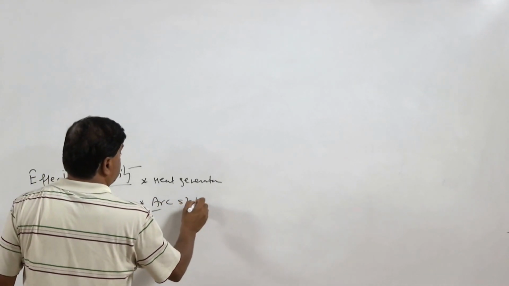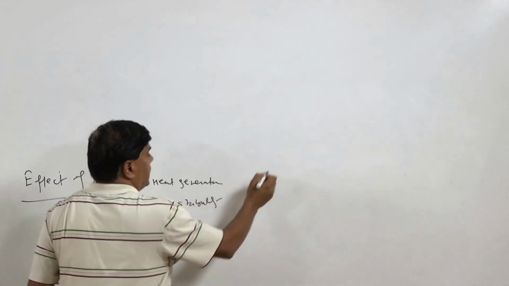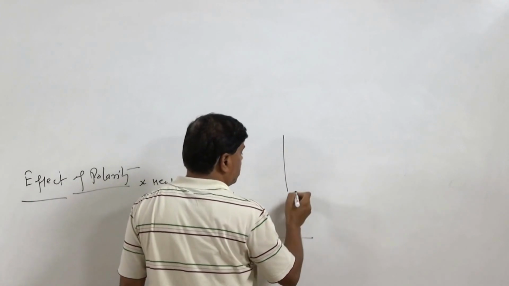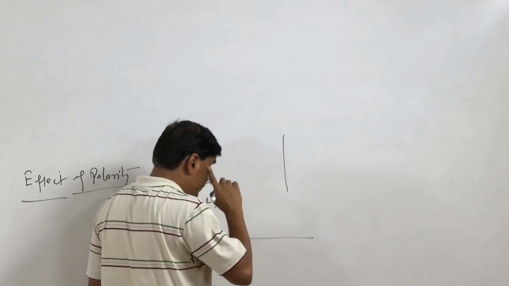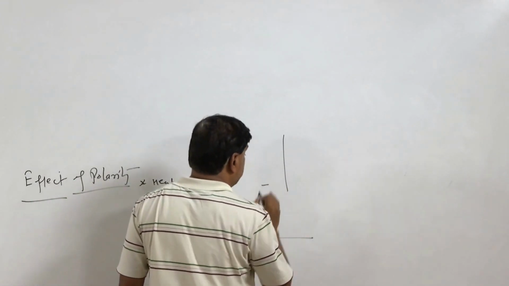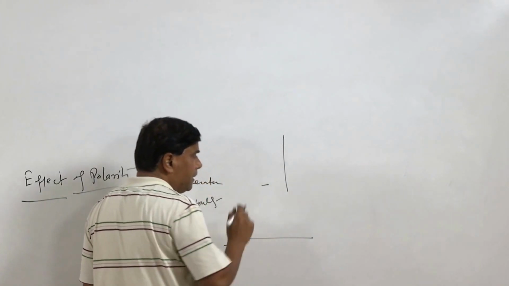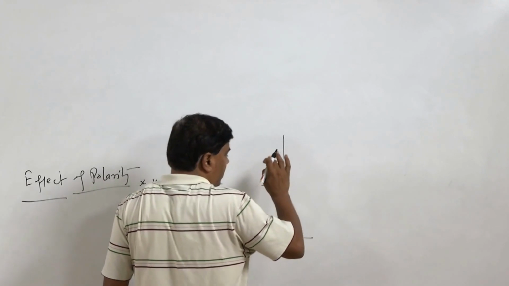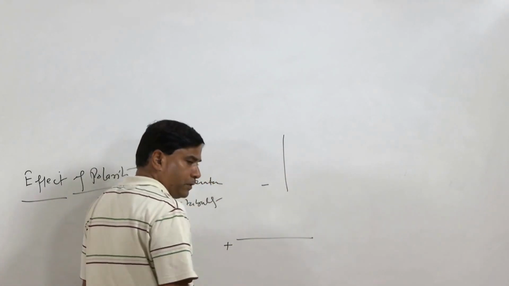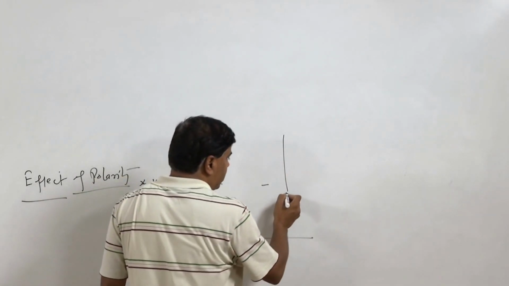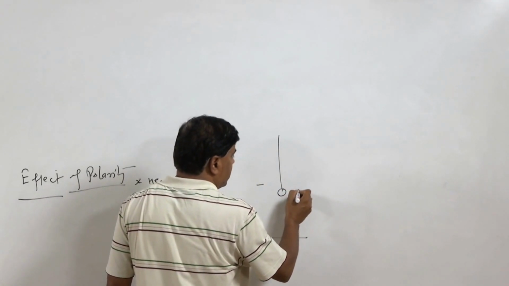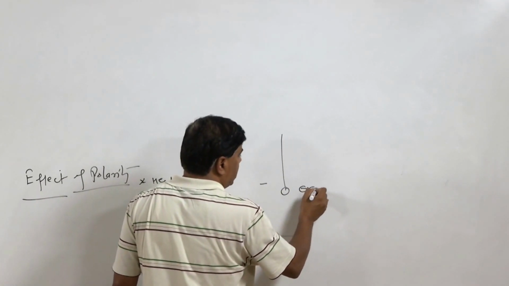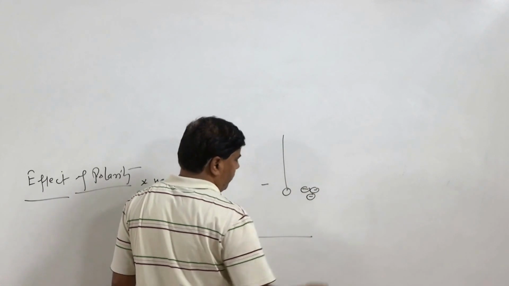Arc stability. We know that the electrode is expected to emit the electrons. If the electrode is connected to the negative terminal and the workpiece is connected to the positive terminal, in this case the electrode is expected to emit the electrons.